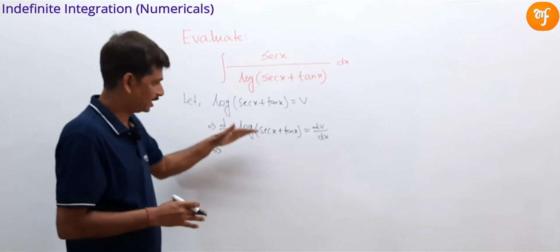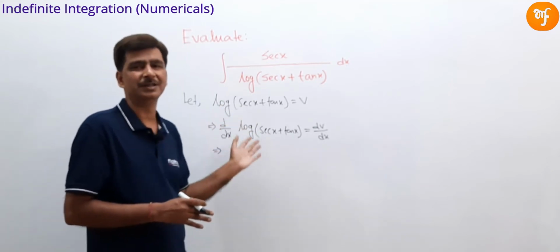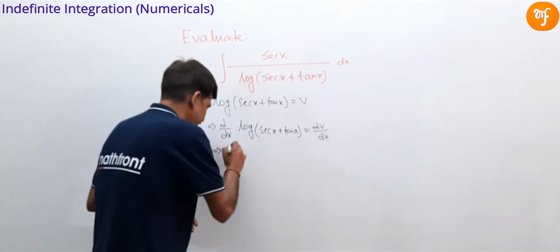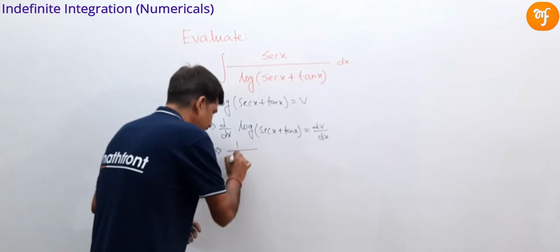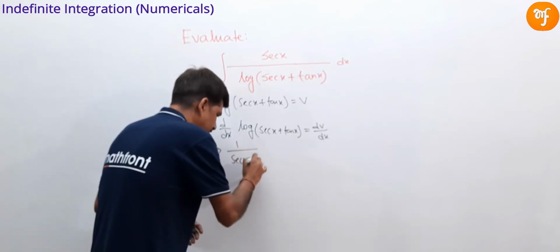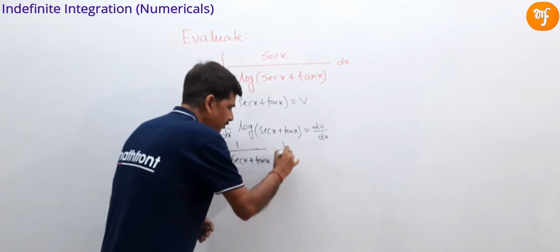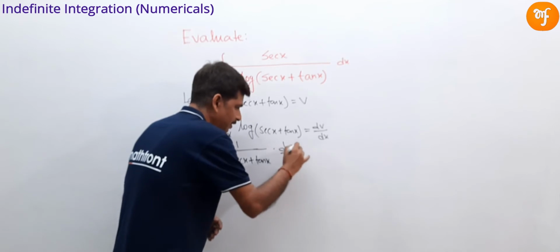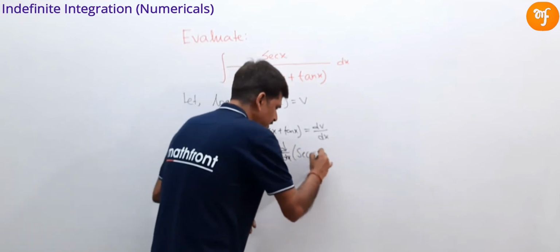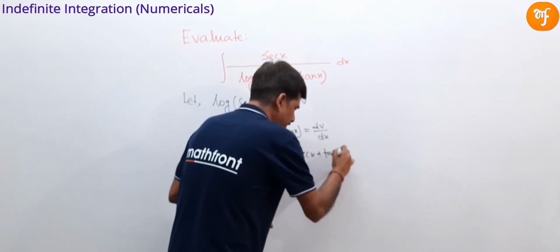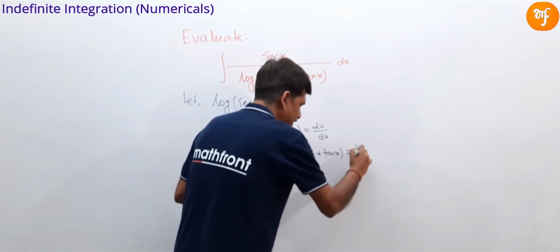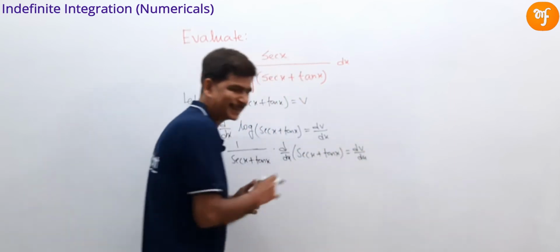It is 1 divided by (sec x plus tan x) into d/dx of (sec x plus tan x). So this is equal to dv/dx.